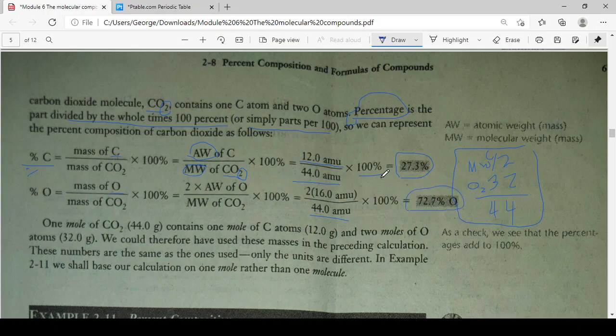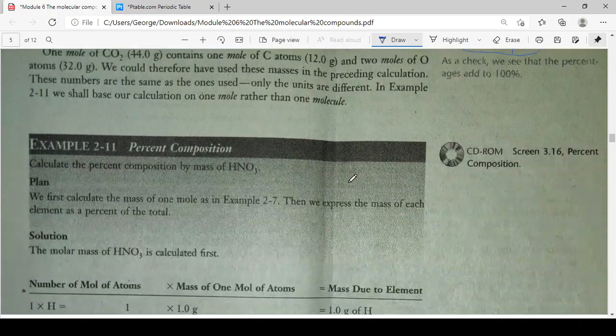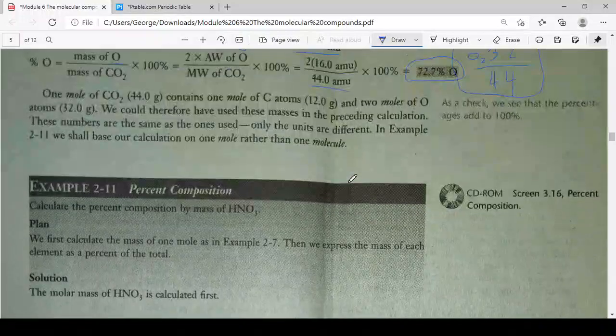So, kids, in simple terms, when you get your percent composition, you just divide the element you are finding over its mixture, and then multiply it by 100. If I am finding carbon, its percent composition is 27.3%, and your oxygen has a 72.7% composition in percent. So that is how you solve for your percent composition.